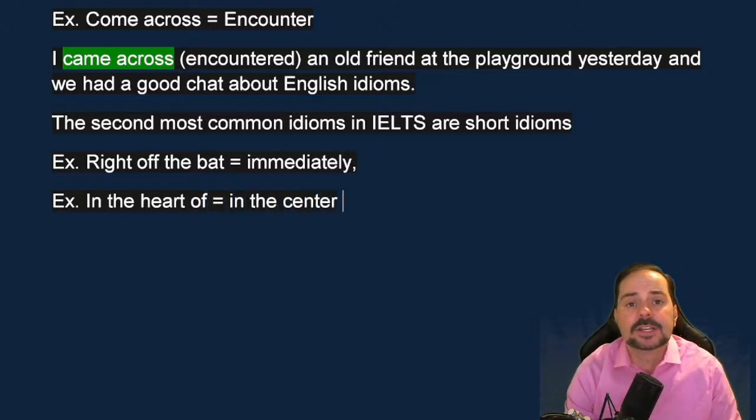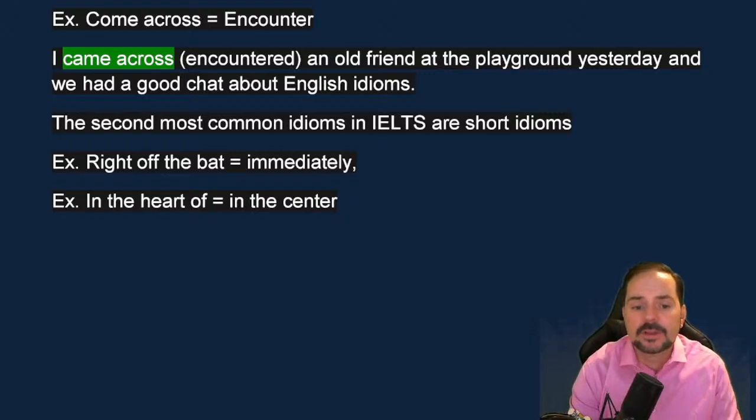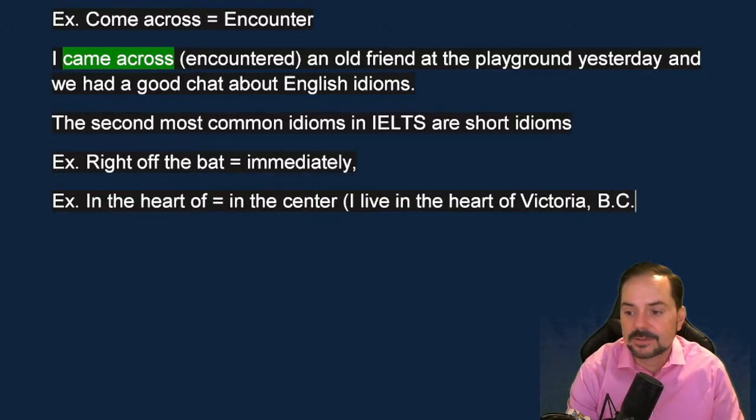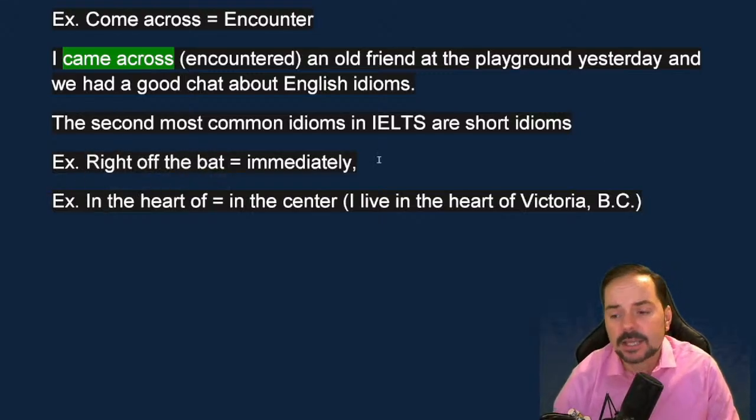In the IELTS, the examiner might ask you, where do you live? And I might say something like, I live in the heart of Victoria, BC, instead of saying that I live in downtown Victoria, BC. So we use these kinds of short idioms where it's like 3 or 4 words. Those are the second most common.